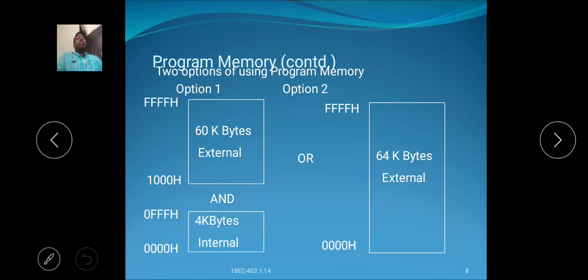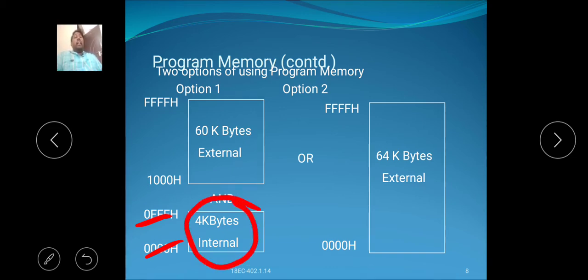Option 1: the 60 kilobytes of external memory from 1000H to FFFFH and the 4 kilobytes of internal memory from 0000H to 0FFFH.